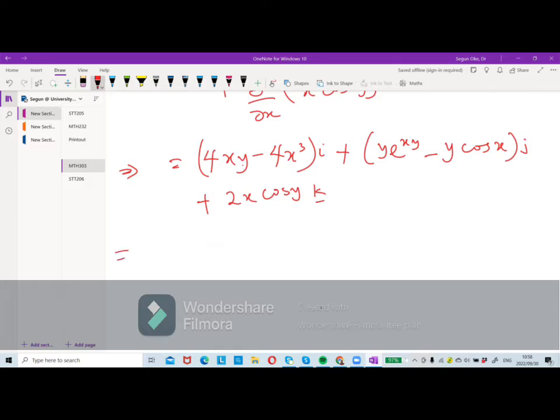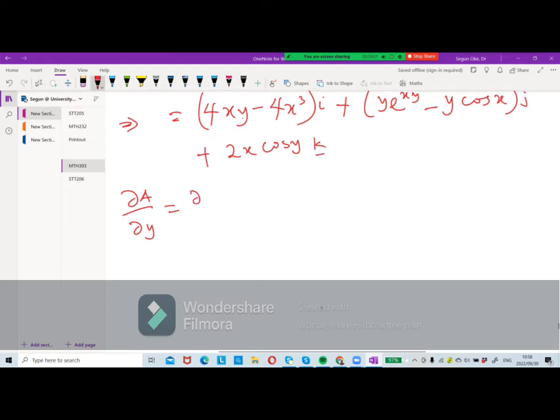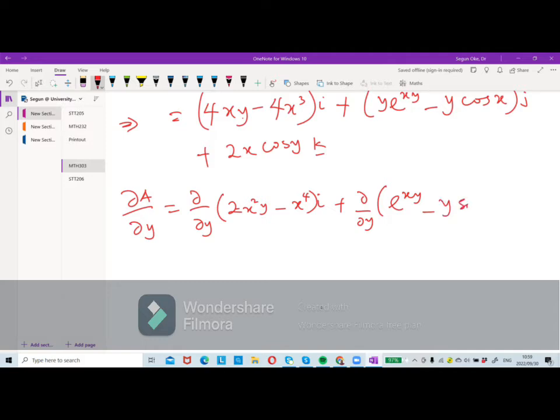So let's look at the second one, the partial of A with respect to y. That is the same thing as, we focus on the y, we have d dy in brackets 2x squared y minus x raised to power 4, plus d dy of exponential xy minus y sin x j, plus d dy again of x squared cos y.